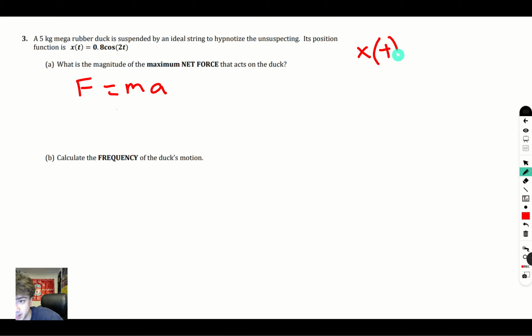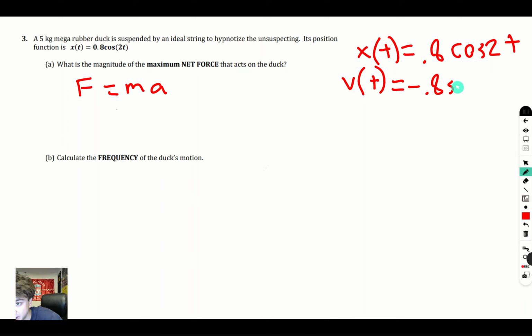If x of t is equal to 0.8 cosine 2t, v of t is going to be equal to negative 0.8 sine 2t times the derivative of the inside, which is going to give you 2.